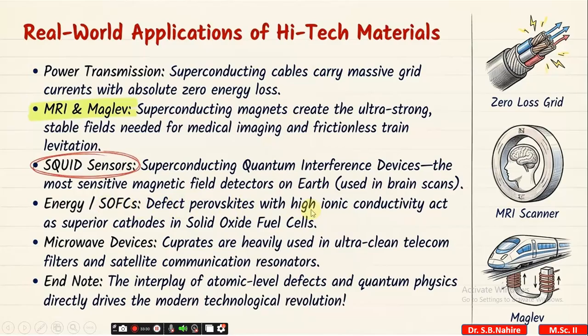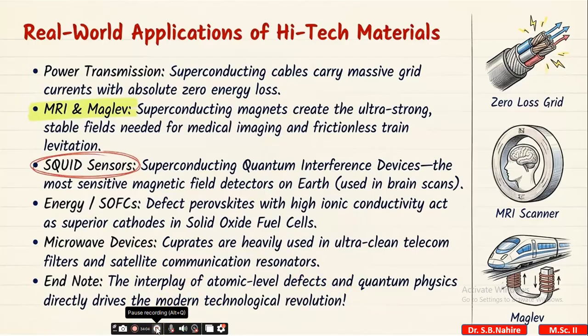Defect perovskites, due to their high ionic conductivity, act as excellent cathode materials in fuel cells. Now, next, microwave devices. Cuprate superconductors are used in high-performance telecom filters and satellite communication systems. Now, final point. All these applications are possible because of the interaction between atomic-level defects and quantum mechanical effects. This combination is driving modern technological advancements.